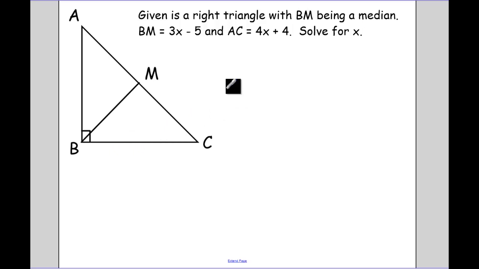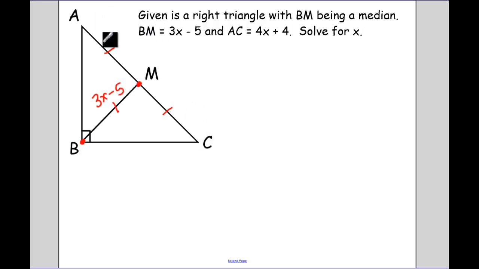Okay, given a right triangle where BM is the median. Remember, the median goes from a vertex to the midpoint of the opposite side. So AM is equal to MC. Well, from the last theorem, we know that M is the midpoint, so therefore BM is also equal to both AM and MC. BM is 3x minus 5.